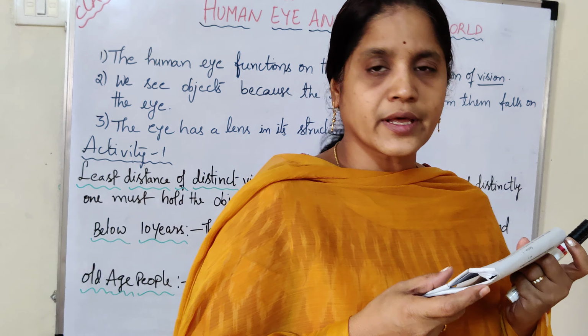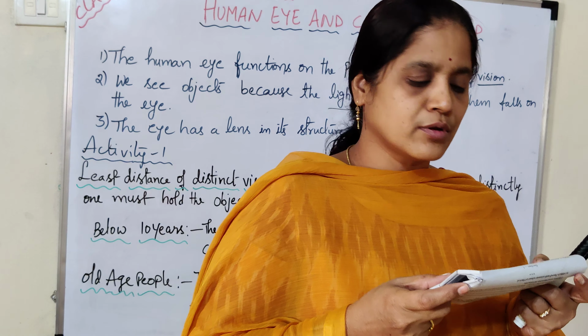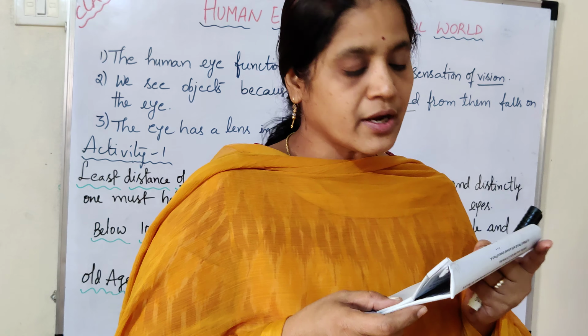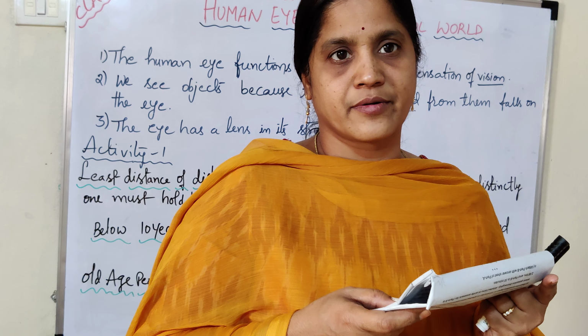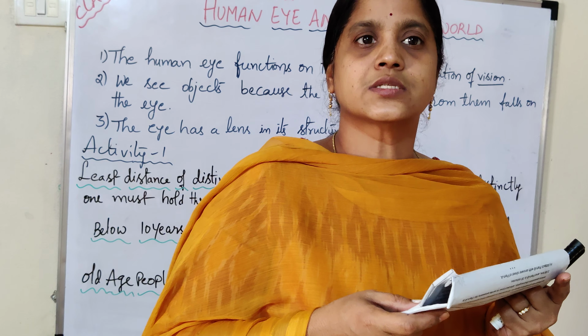If you keep it like this, you cannot read for more than a minute, because the eyes strain and pain. But small children below 10 years can read comfortably without strain, because for them the least distance of distinct vision is 7 to 8 centimeters. They can bear that strain in the eyes.